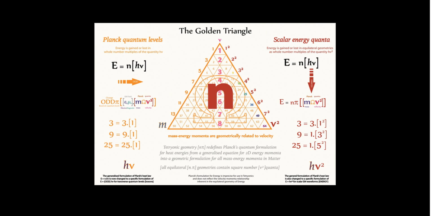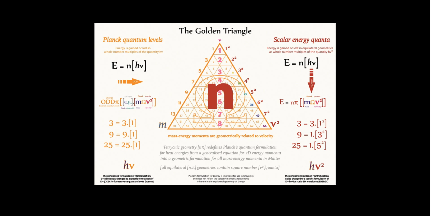Either way, the formulation still works out the same, but it shows us that there's a direct relationship in the case of energy at the quantum level between n h nu and h nu squared.